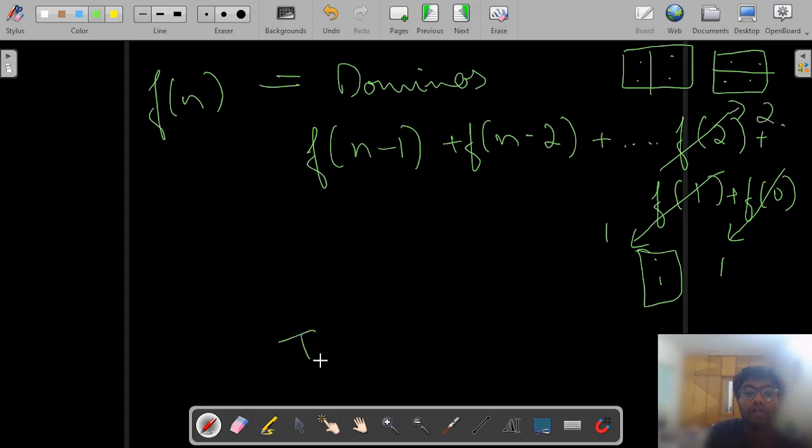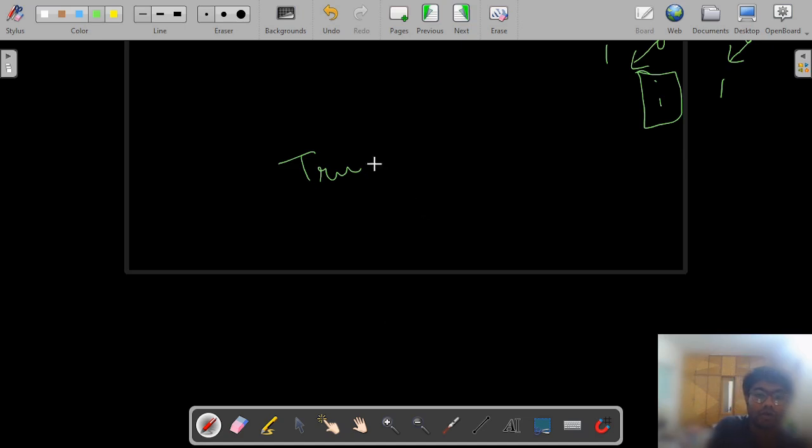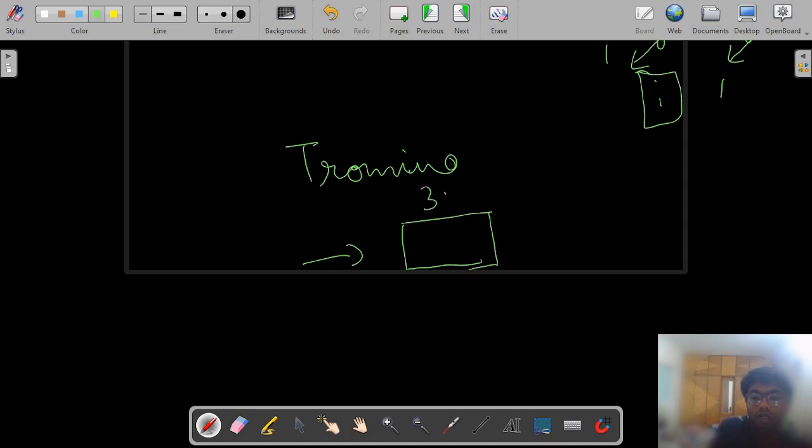And we also need to take into account a Tromino, and Tromino would occur only on a 3 into n board.